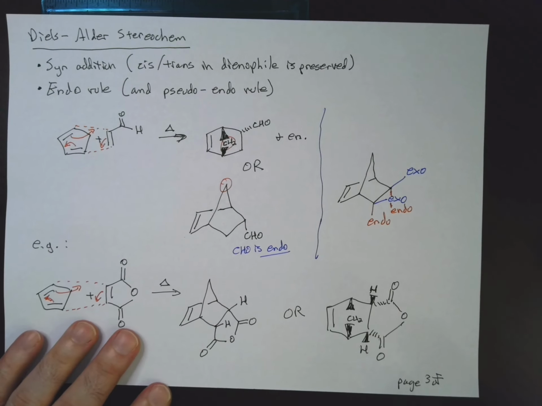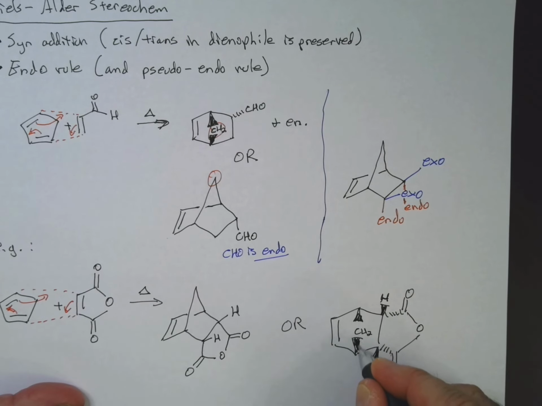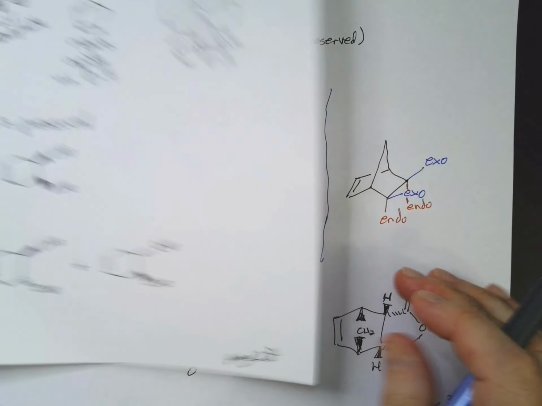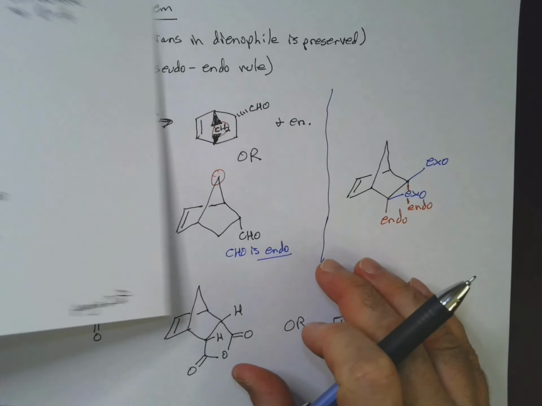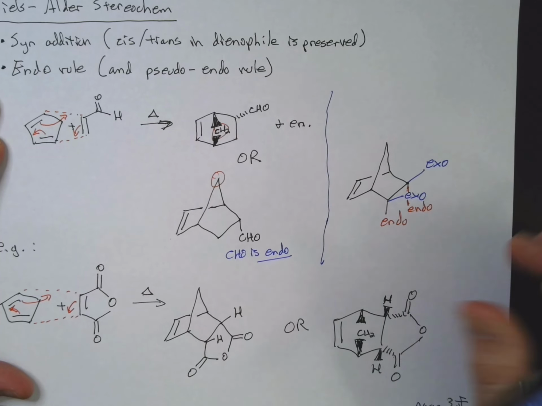So definitely look at some of the practice problems. Let me zoom in here a little again. There we go. Look at some of the practice problems, because I will have not just simple Diels-Alder reactions where we're making one 6-membered ring, but you may have to worry about the endo versus exo.